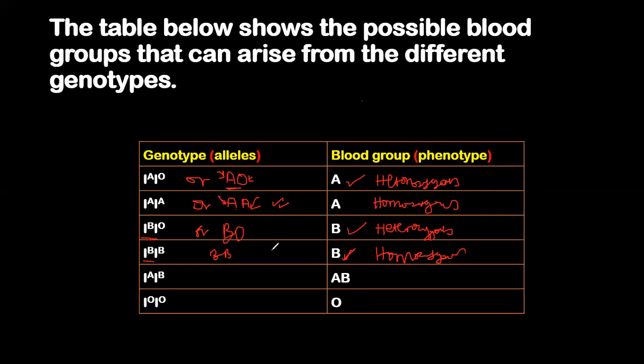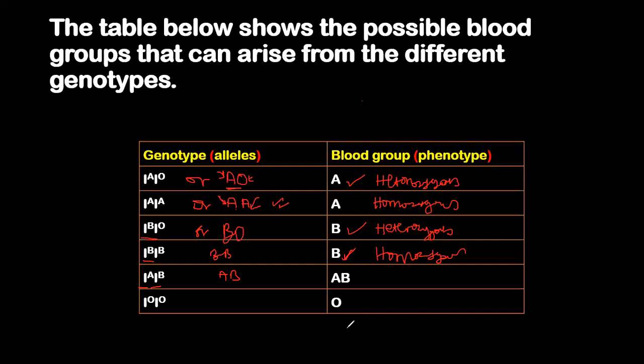That's brilliant. Now, if you have A and B, then you are blood group AB. Here you have allele A and allele B. They have met, and the blood group that will be formed is AB.